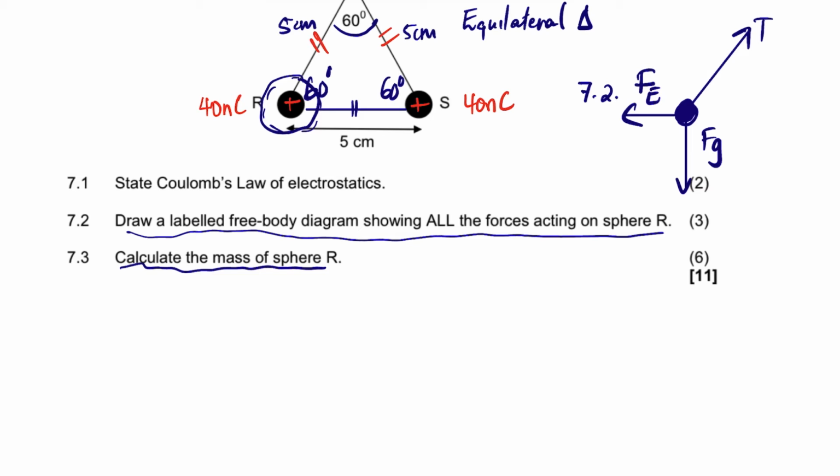Now looking at these forces, this is at equilibrium, it's not moving, right? So I can turn this free body diagram into a vector diagram. I'll have the tension like that, the gravitational force downwards and the electrostatic force that way, right?